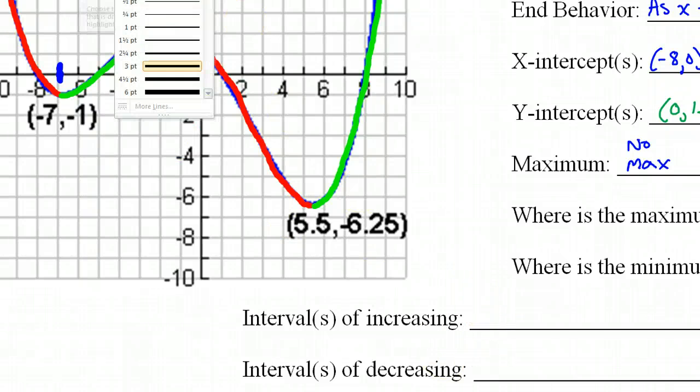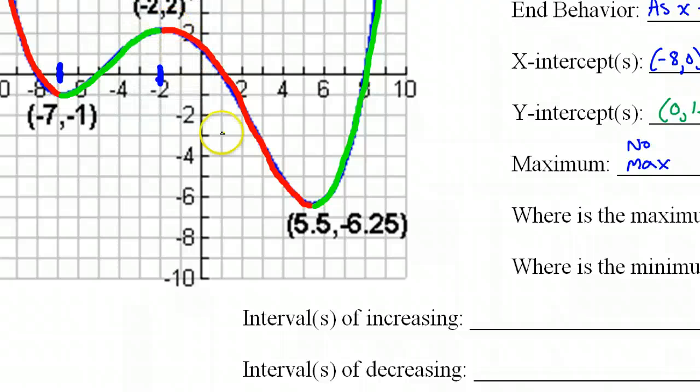Alright, my pen is too thick now. Calm down, pen. Okay, increasing interval. So from -7. You know what? I should use round. We shouldn't include the -7 itself, because right at the point where it changes, the slope is actually 0.